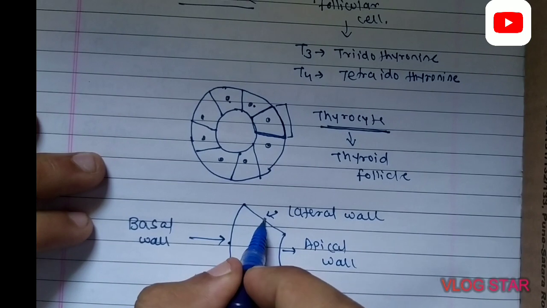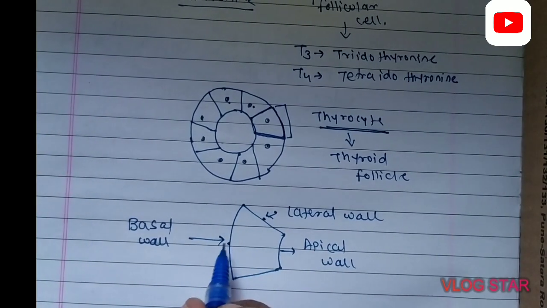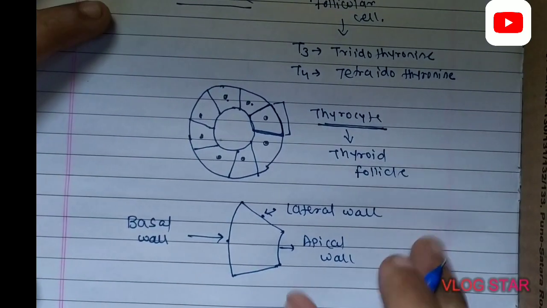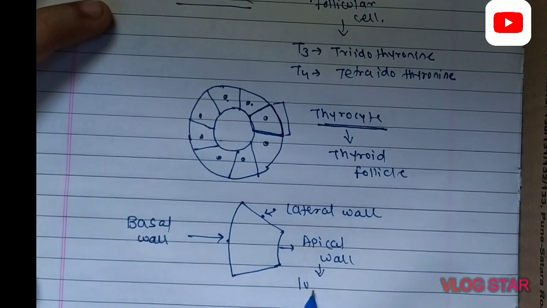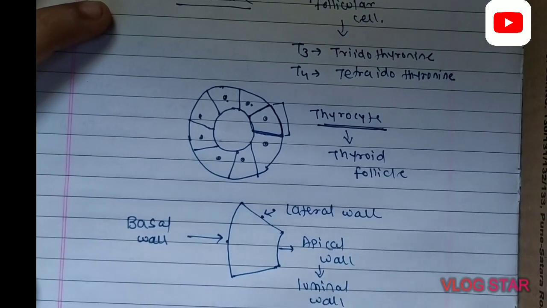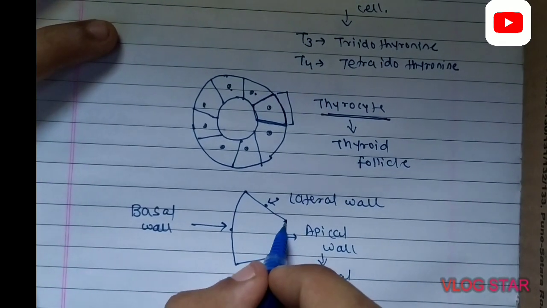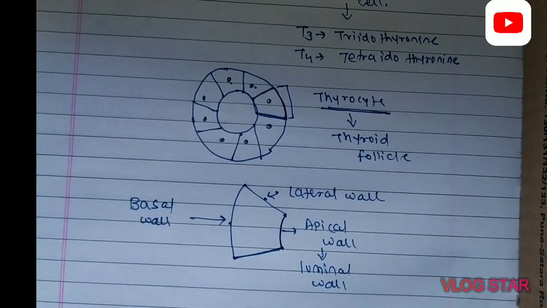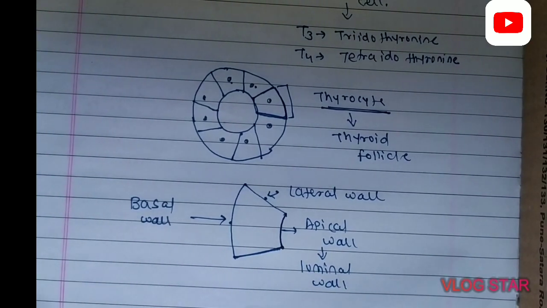Basal wall is also called the basal membrane. The apical wall is also called the luminal wall because it points towards the lumen. These are the basic walls of the single thyrocyte cell.